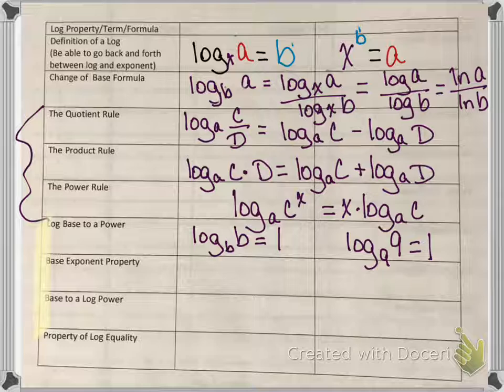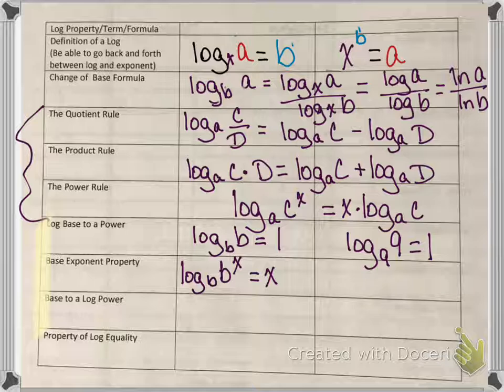It's also true if I have an exponent there. So I have log base b of b to the x. My b is raised to the x. And do you see how my index and my base are the same? That is going to equal x.